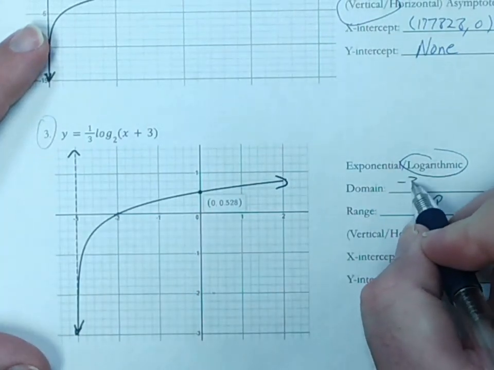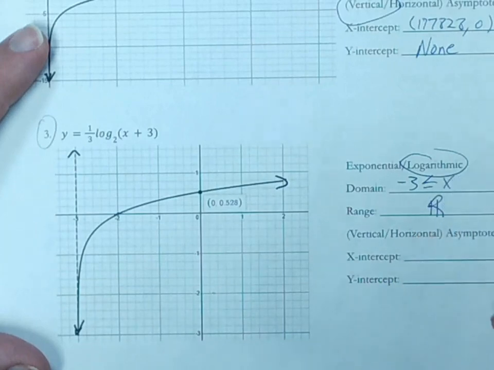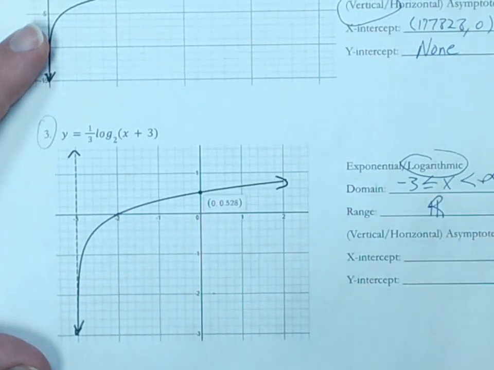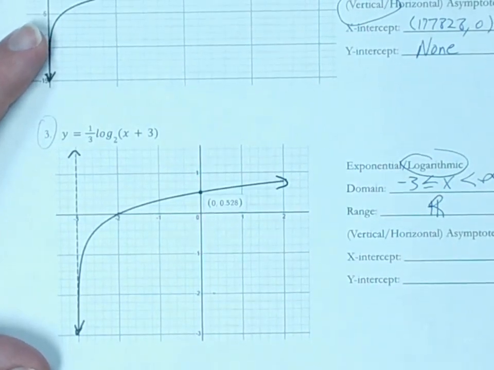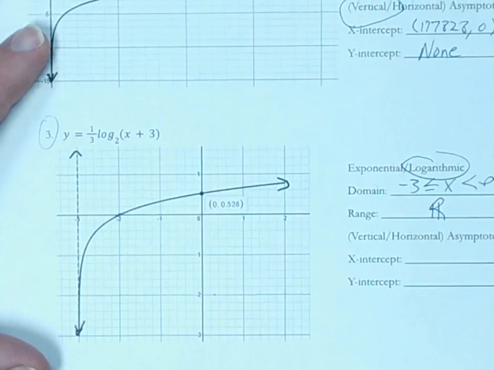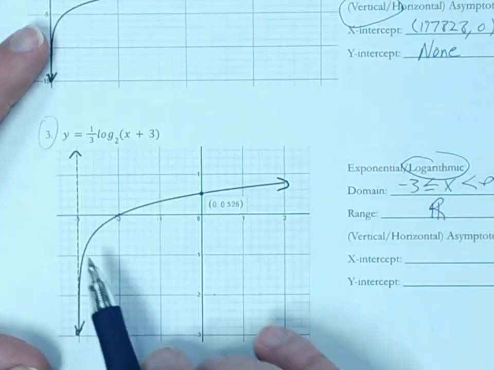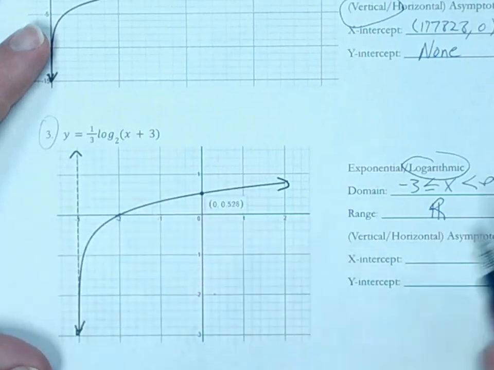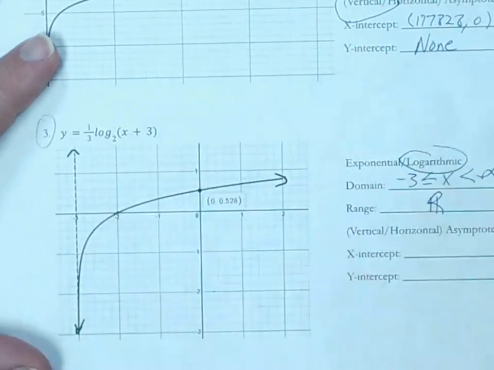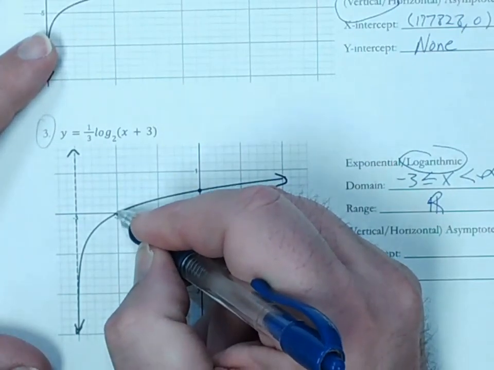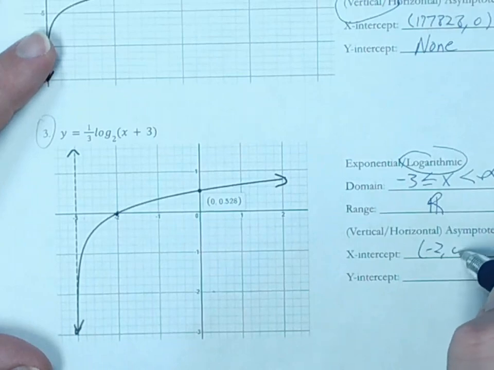So it will start at -3, less than or equal to x, then less than infinity. That tends to be the case for logarithms and exponentials. One side will always go to either infinity or negative infinity every time. I mentioned we have a vertical asymptote right here, so that will be x equals, and it goes through -3, so x equals -3.